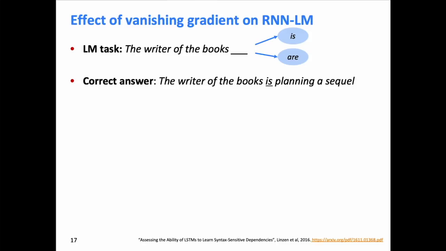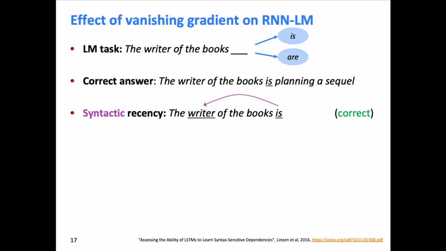The reason I'm bringing up this example is because it shows a kind of tension between two things called syntactic recency and sequential recency. Syntactic recency is the idea that in order to correctly predict that the next word should be is rather than are, the word writer is the syntactically close word here. We say the writer of the books is because it's the writer is.